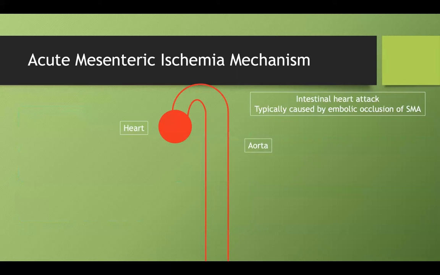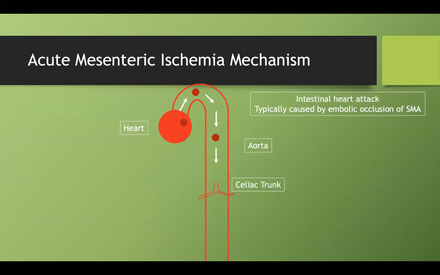Oftentimes, acute mesenteric ischemia, excuse me, is caused by an embolic occlusion. So you have a clot that originates somewhere else and it travels down and then it gets stuck in the SMA. If we have a clot in our heart, for example, that can branch off and start moving through our systemic circulation.